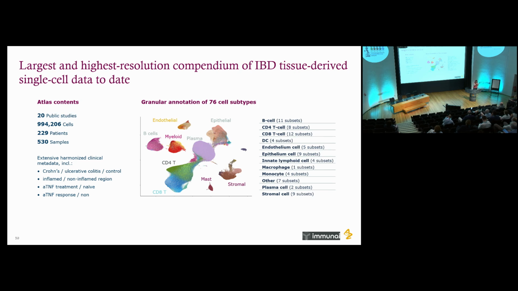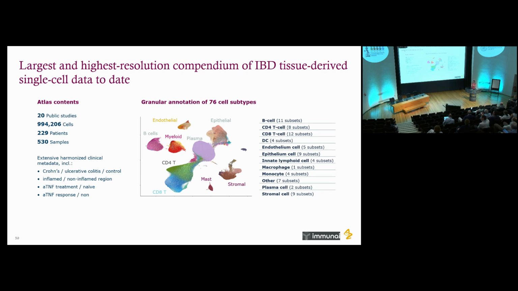Again, quite small compared to the previous speaker, but quite big for us at this point for IBD, across 200 patients. And given that we have harmonized this clinical metadata, we can now really start to extract signals across these different patients. It's also important to show the granularity that we have achieved across the atlas.